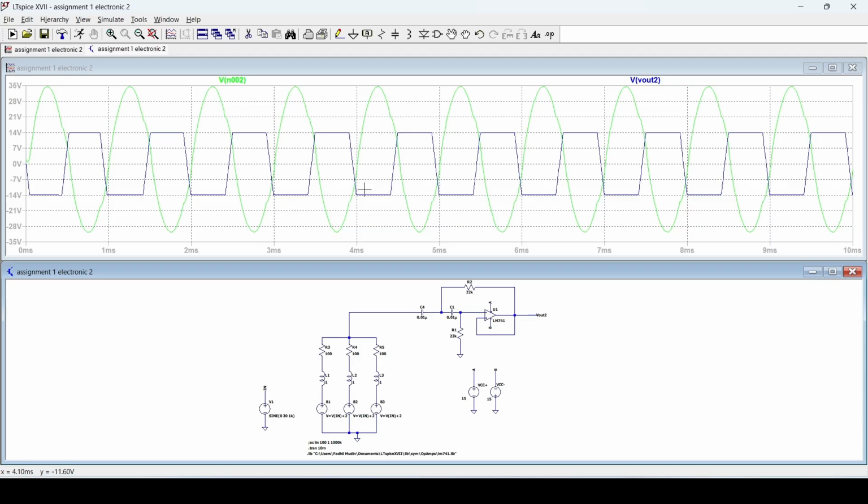At the same time, we can see the upper peak and the lower peak of V in are not the same, while the V out has positive 14 volt and negative 14 volt, as it is more stable and much easier for us to use.